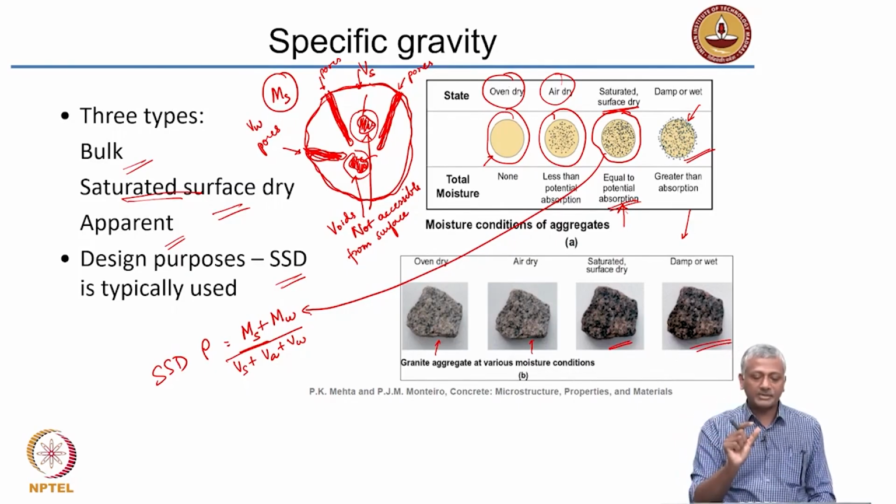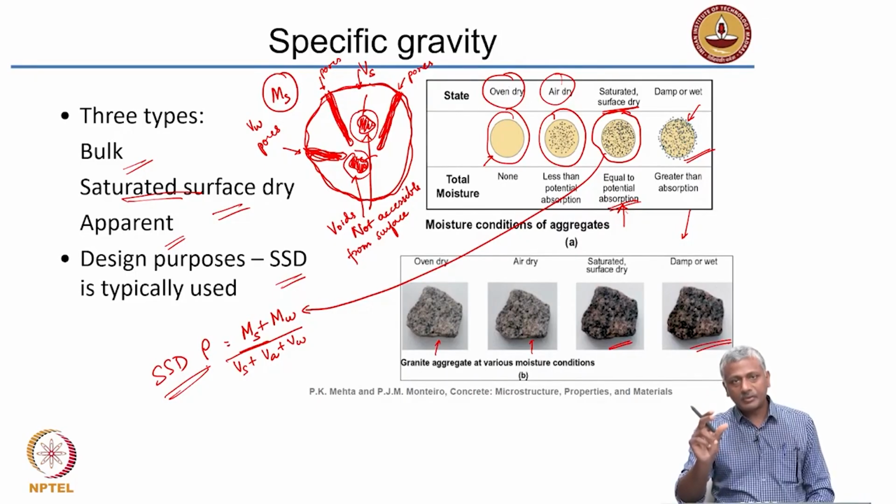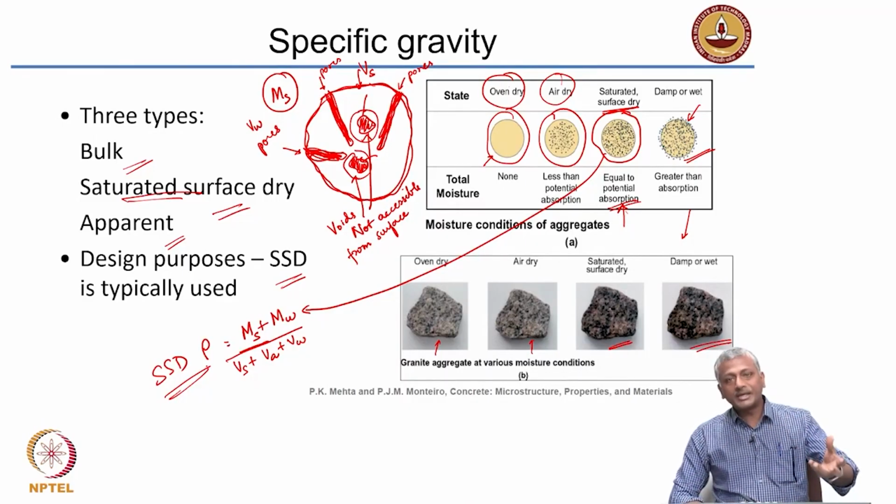That is your wet mass. And your saturated surface dry density is equal to the wet mass, where moisture is just equal to the absorption, divided by the total volume of the rock. Okay. So, when you start using quantities of aggregates for calculation of your mix design in concrete, make sure you understand what density value is being calculated and what is being used.